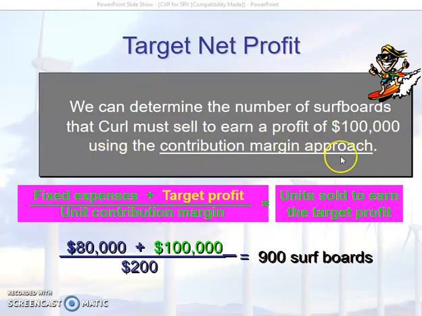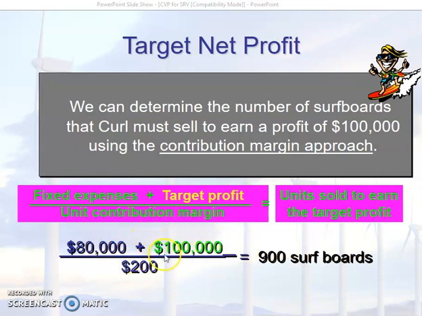And using the contribution margin approach, all we really have to do is take the exact same formula that we had before, which was fixed expenses over unit contribution margin, and then up here in the numerator, we're just going to add our target profit. So before we had 80,000 over 200 to give us 400 surfboards.